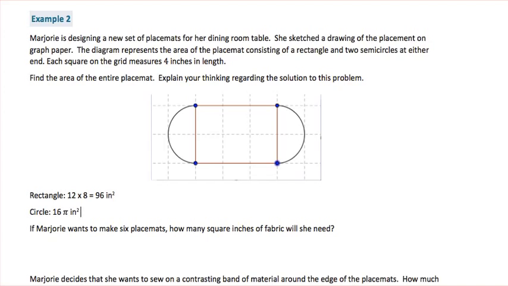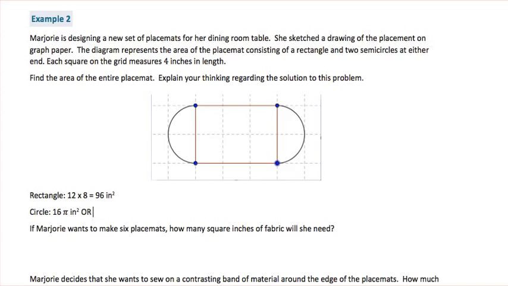Now, I would say in this particular situation that an exact measurement isn't really going to help Marjorie, because she can't go to the store and talk about 16 pi. So in this situation, we really do have to multiply and approximate the actual square inches.